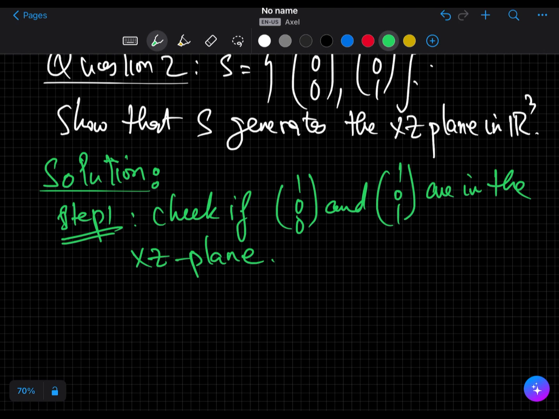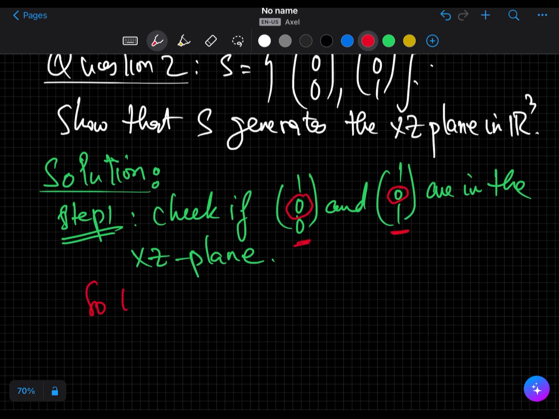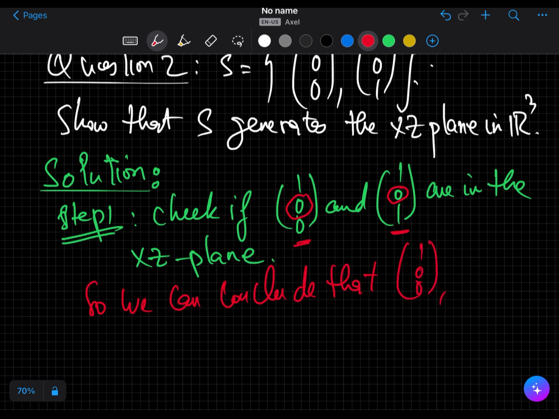From the first vector here, you can see that y is 0. From the second, you can see that y is also 0. So we can conclude that the vectors (1, 0, 0) and (1, 0, 1) are in the XZ plane.